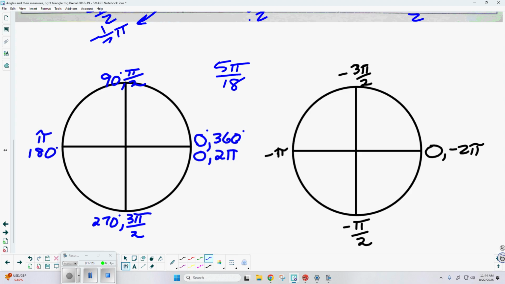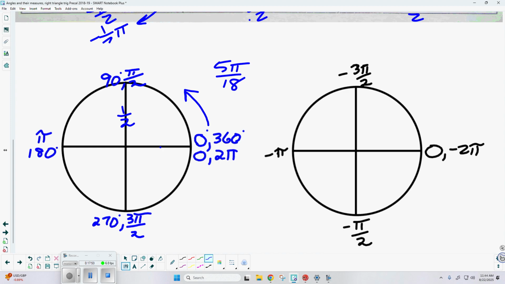Okay. So this is exactly what we were just talking about. So I'm going to start here. It's positive, so I'm going to rotate counterclockwise. So how does 5/18 compare to 1/2? If you're going to tell me that 5/18 is smaller, it has to be in quadrant 1. If you're going to tell me that 5/18 is larger, it has to be in quadrant 2. What do you think?